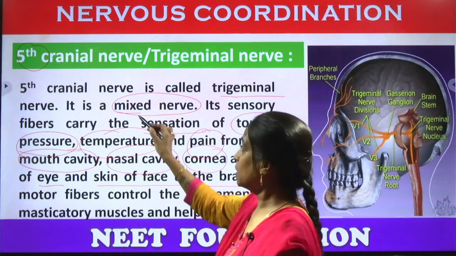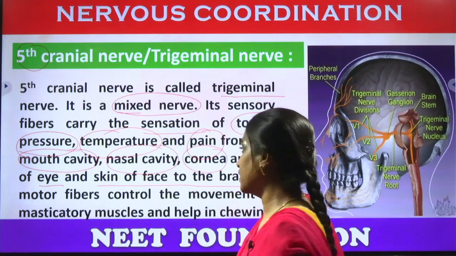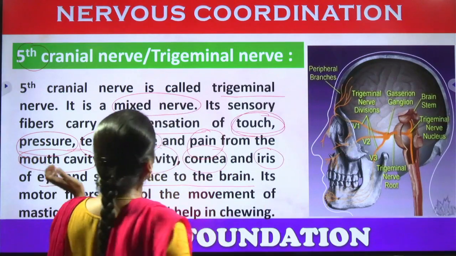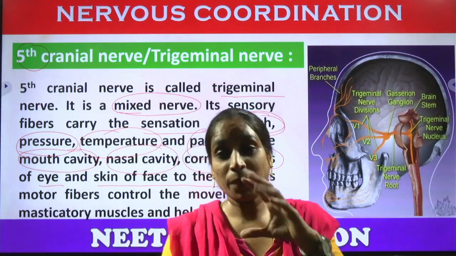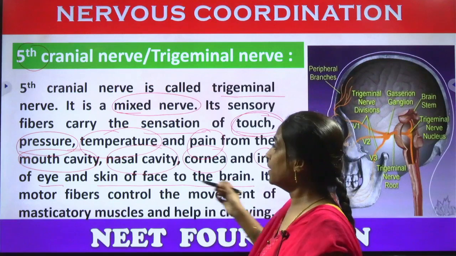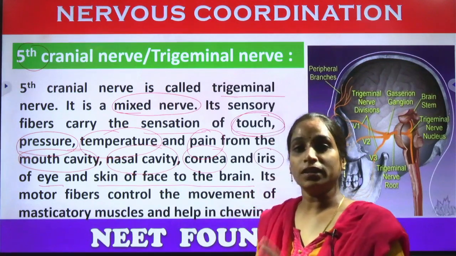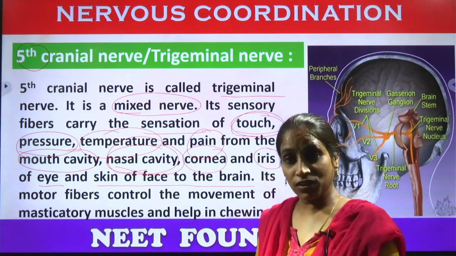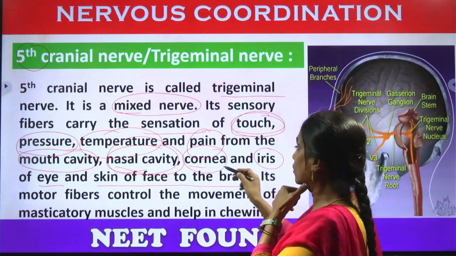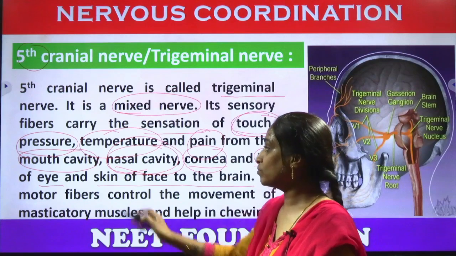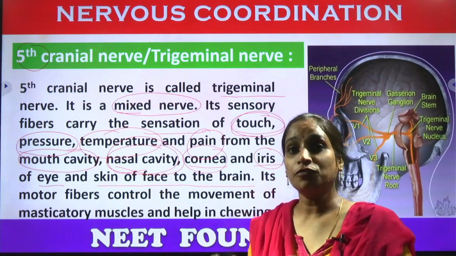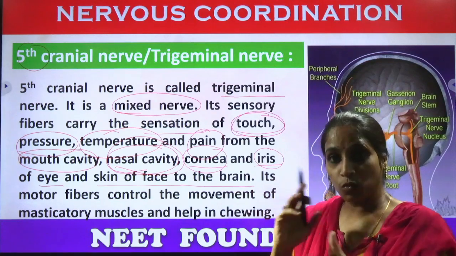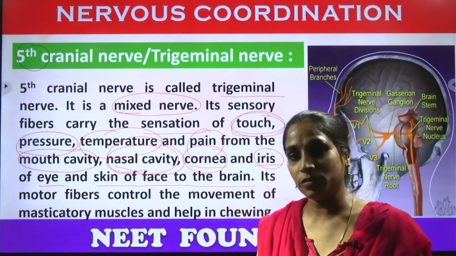Yes, it is purely a mixed nerve, responsible for touch, pressure, temperature of the body, pain on the skin, and regulating the movement of the mouth cavity, the nasal cavity, the cornea and iris of the eye, and the skin of the face. The facial muscles give movement with the help of the trigeminal nerve.